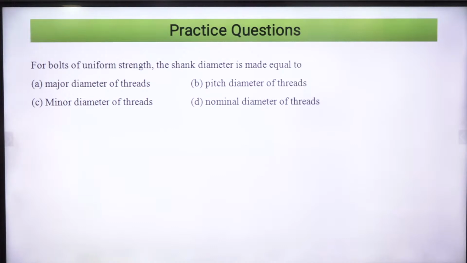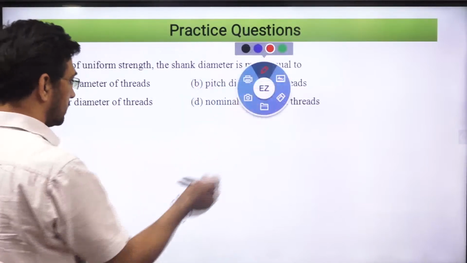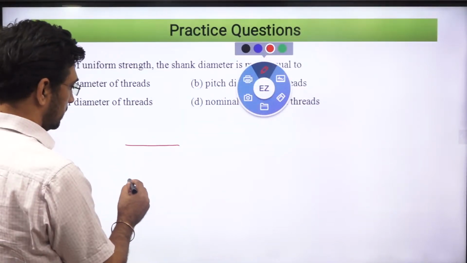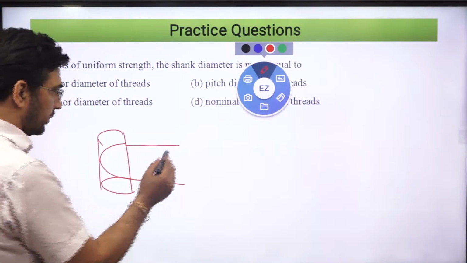Okay, go to this one. Bolts of uniform strength. For the bolts of uniform strength, the shank diameter is made equal to... this is the normal bolt that you have.